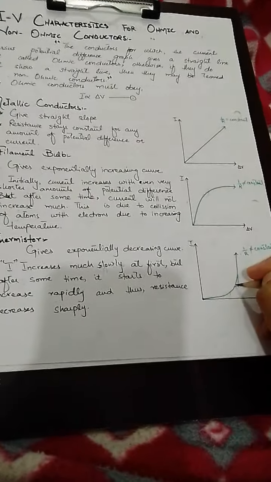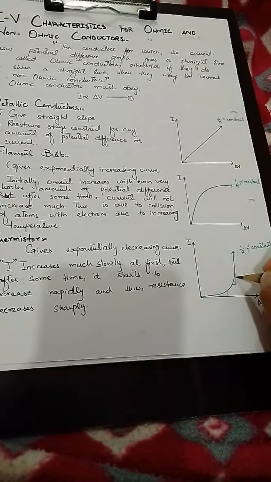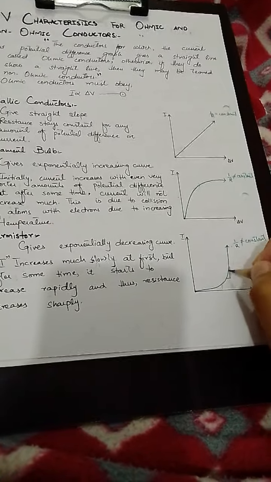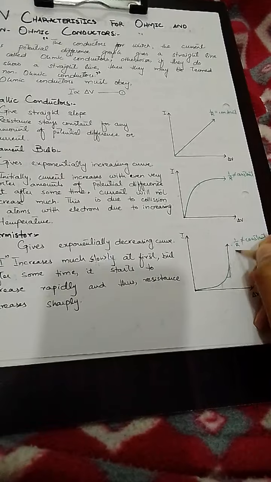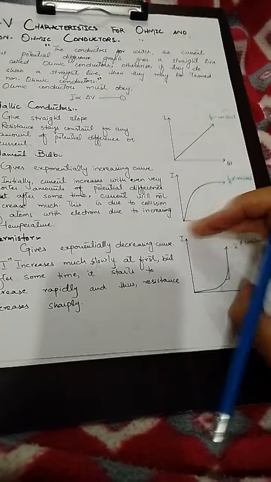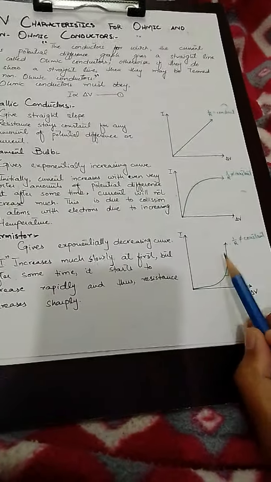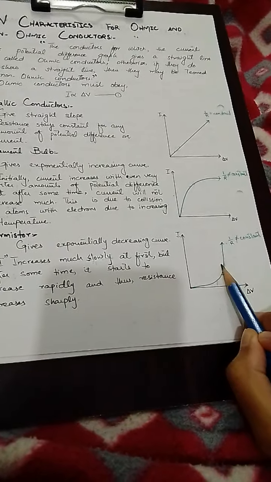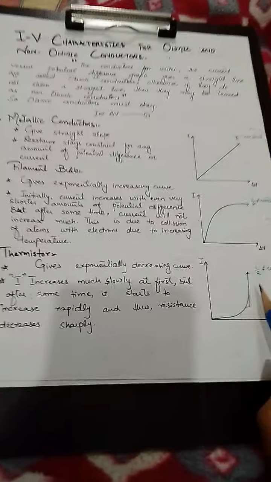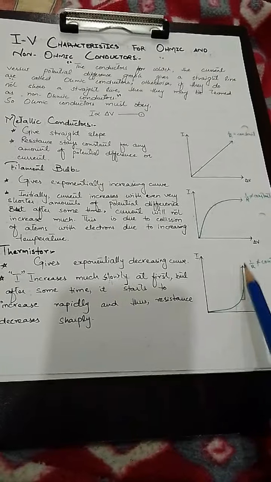Of course, as soon as I increases, resistance decreases. The more the current increases, the lower the resistance will be, because it does not give us this straight line. It does not give us the correct ratio between V and I as the Ohm's law would have suggested. So in this case there won't be a straight line, we will get an exponentially decreasing curve, and that is why the thermistor is a device which shows this kind of graph.